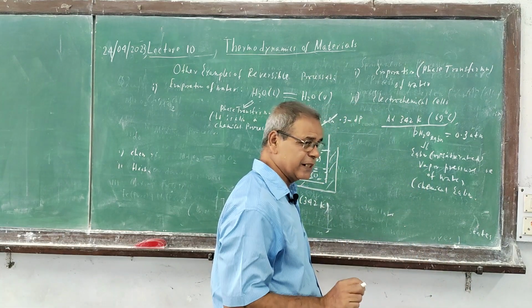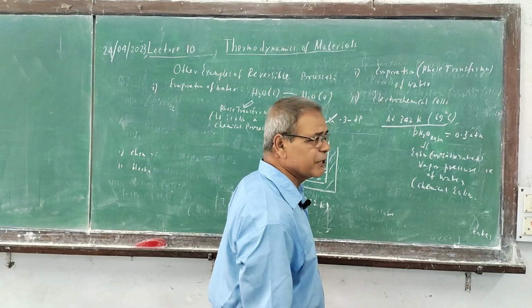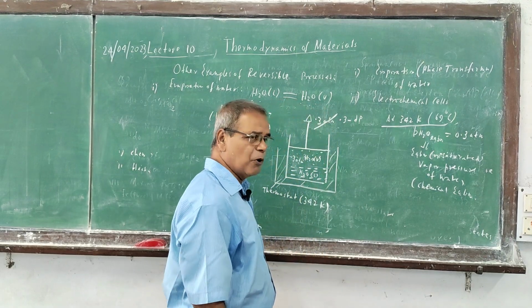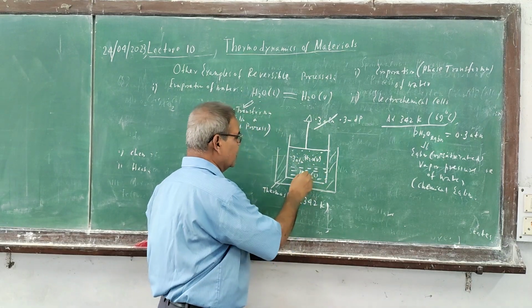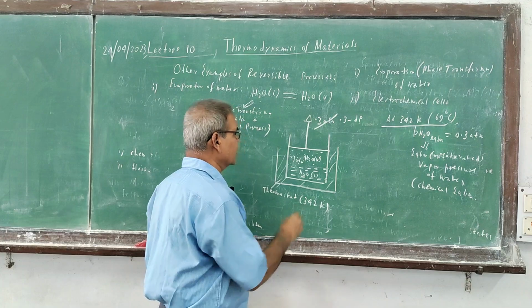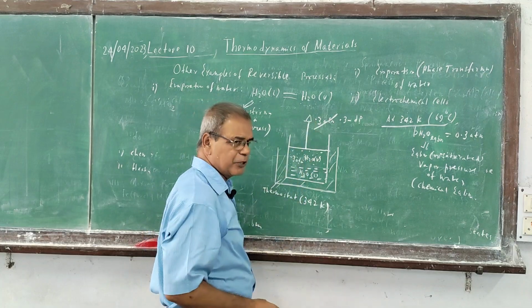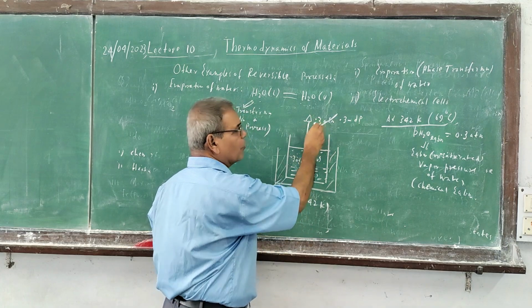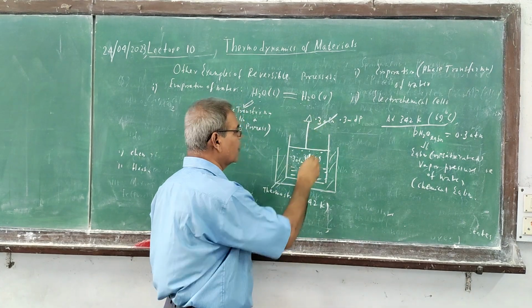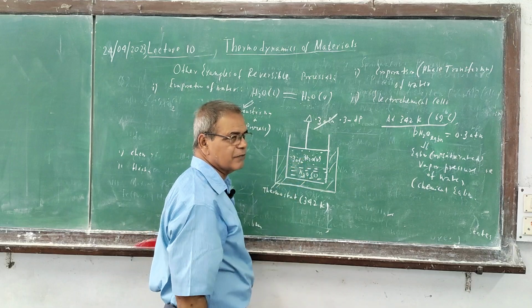For each temperature there is an equilibrium vapor pressure. So we have picked 69 degrees centigrade, 342 Kelvin, and 0.3 atmosphere. With a cylinder-piston arrangement, which is very convenient to understand, the external pressure of the surroundings is also 0.3 atmosphere.